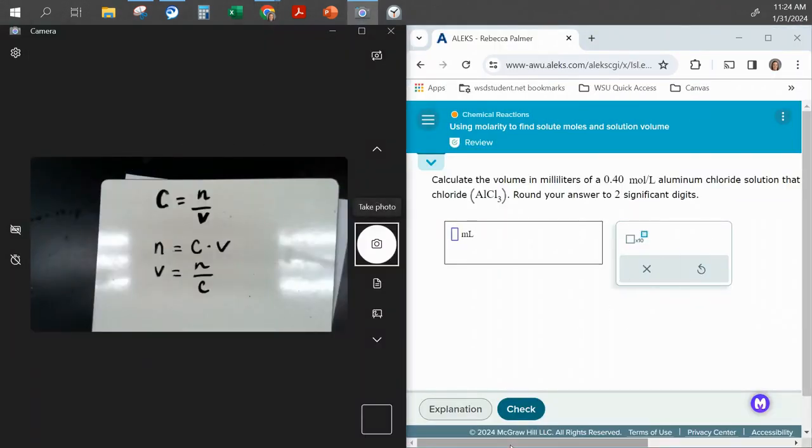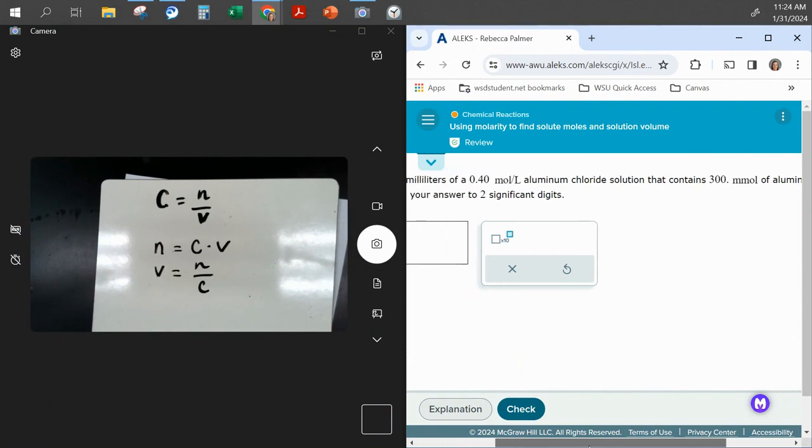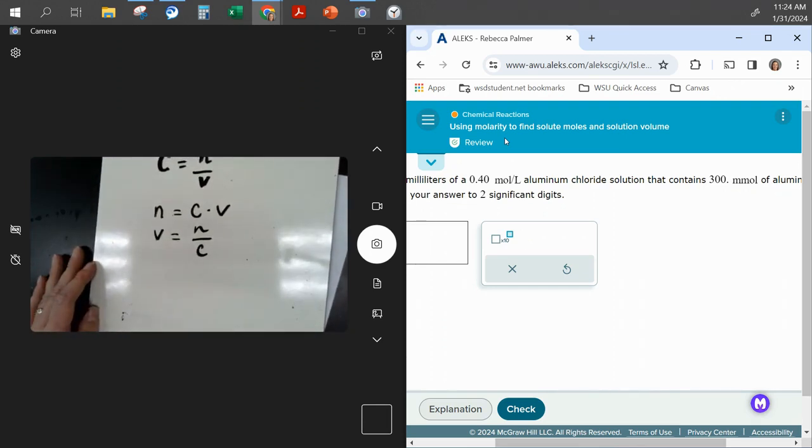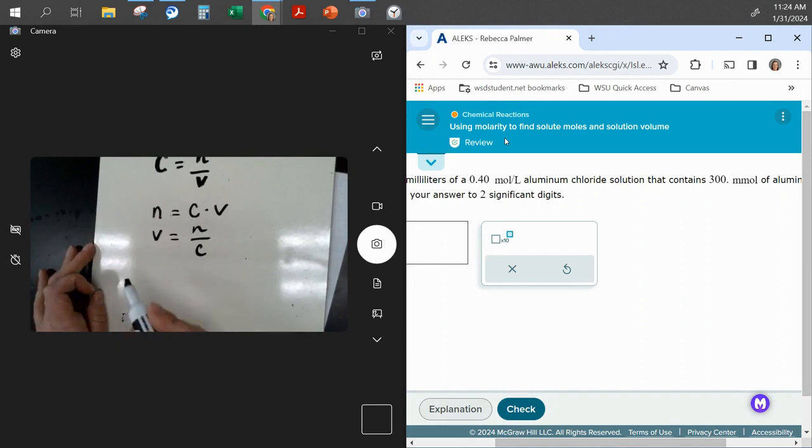All right. I wish this fit better. So I'm looking for volume. So I'm going to take moles divided by concentration. Moles per liter is concentration. So I'm using this equation. Moles, which is 300.